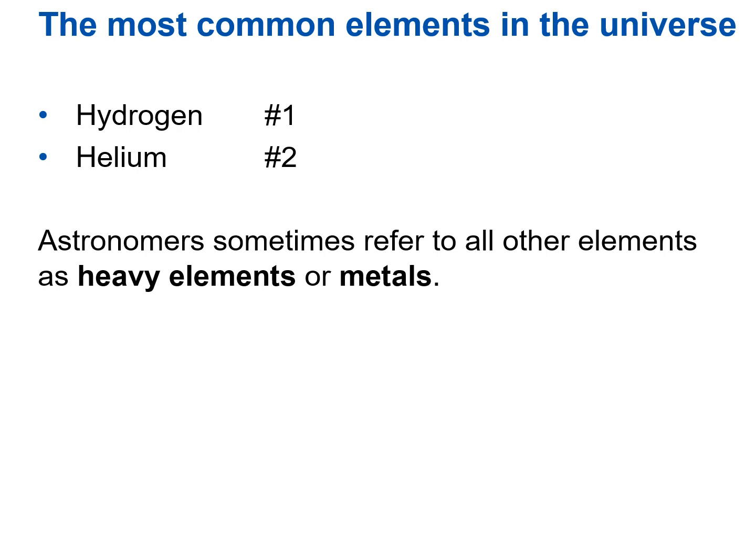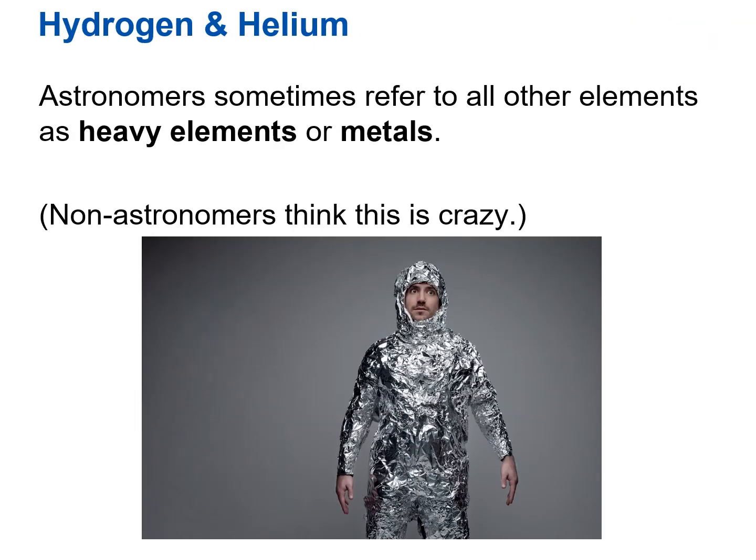Now you can think of those numbers there as the rankings, meaning hydrogen is the number 1 most common. Helium is the number 2 most common, but also those are their atomic numbers. Hydrogen is element number 1, helium is element number 2. Astronomers sometimes refer to all other elements as heavy elements or metals, and non-astronomers think this is crazy.